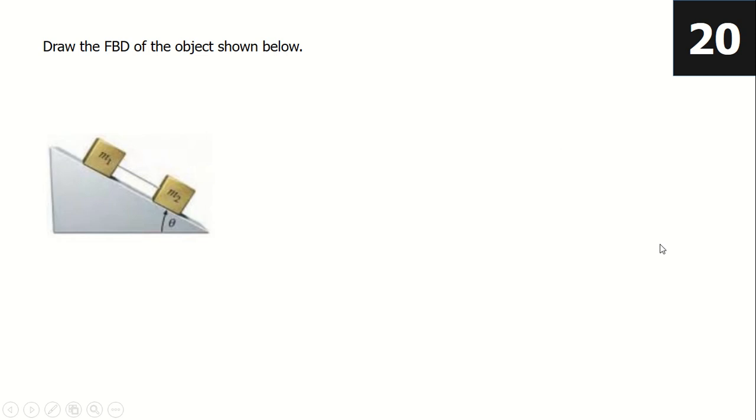Okay, so for the final item, you are to draw the free body diagram of two masses, mass 1 and 2, both of them on a ramp, and they are connected by a string or a rope. So let's do first mass 1. Again, we have a tension here. It's getting pulled downwards by mass 2 by means of this tensile force.